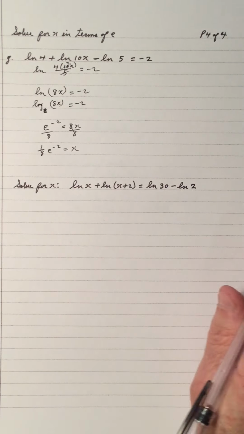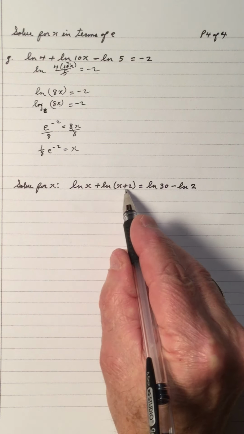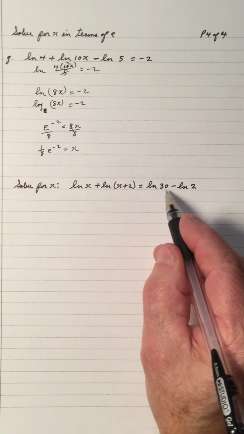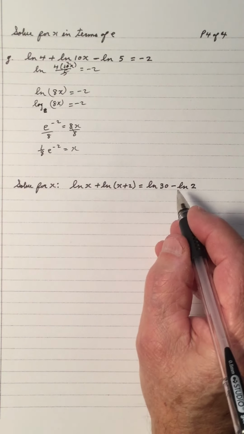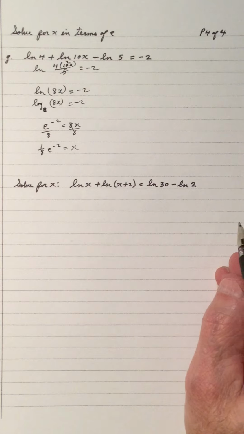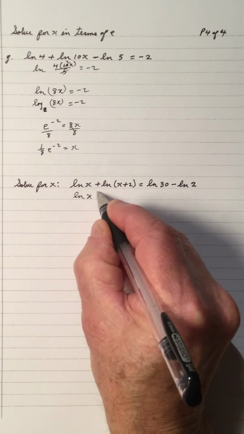And the last one to do, solve for x. We have the ln x plus the ln of x plus 2 equals the ln of 30 minus the ln of 2. So we have lns on each side, so I'm going to simplify each side to a single ln. So the sum of two lns is the ln of the product.